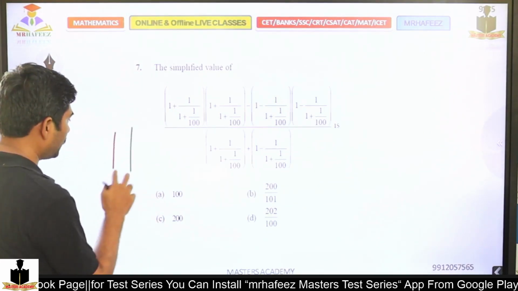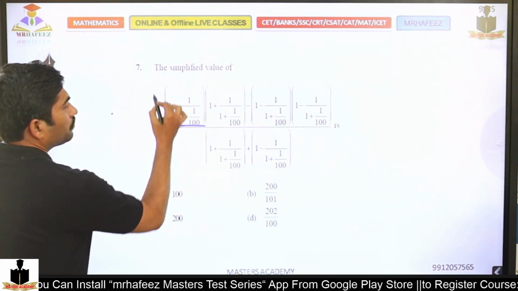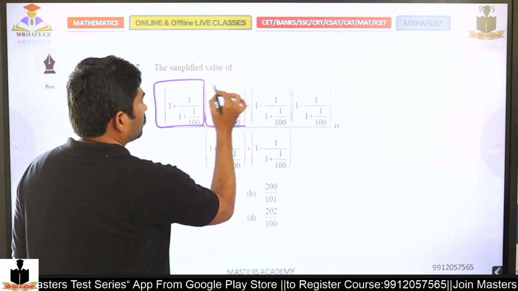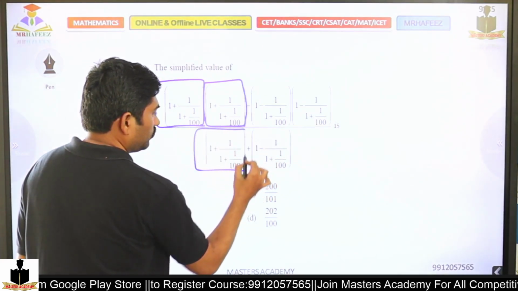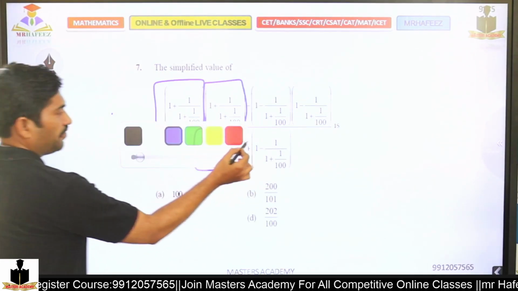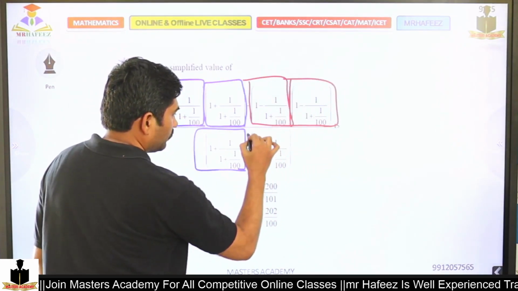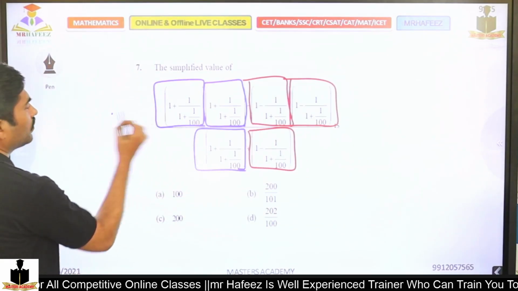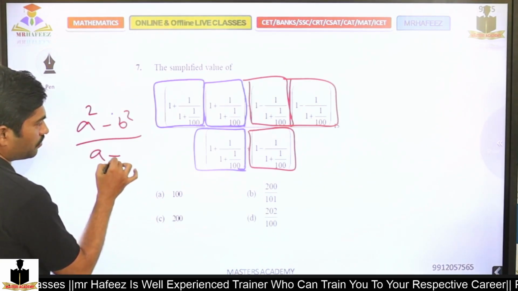How can we do it? If you observe very carefully, these three are the same, and these three are the same. So this is of the form a square minus b square divided by a plus b.